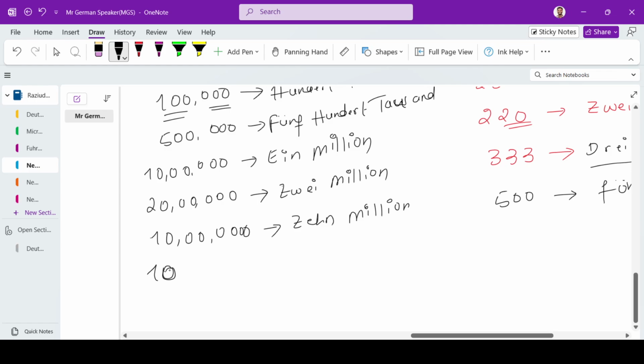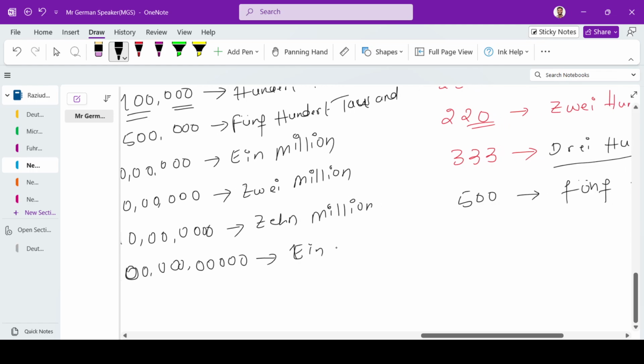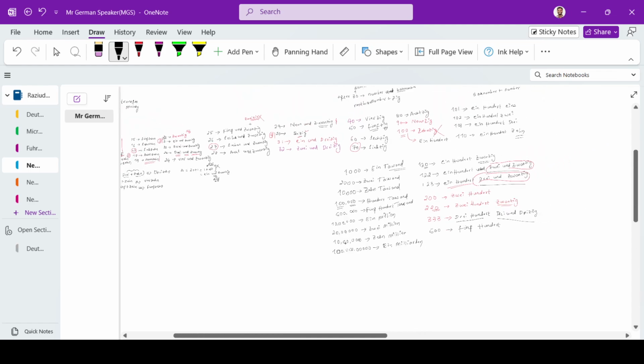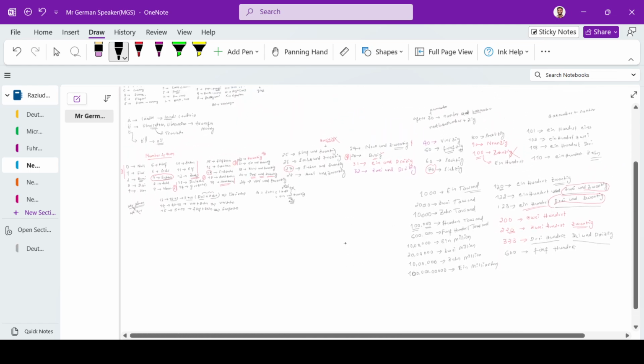I don't know how many zeros, but maybe. So it's like ein Milliarden. Okay. We will see maybe in our exercise classes, but I think it's already too much for you.